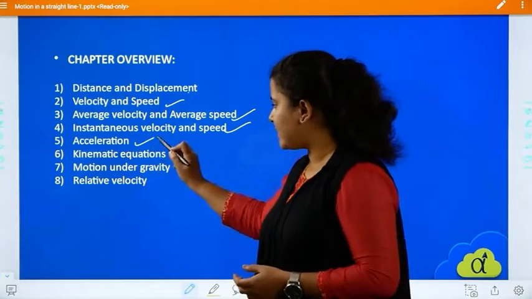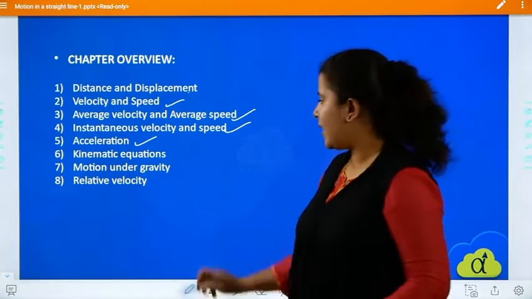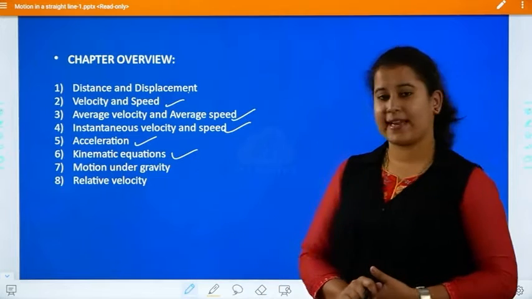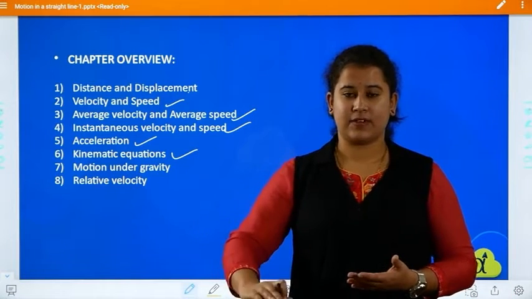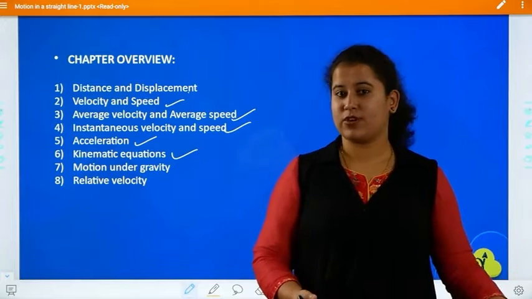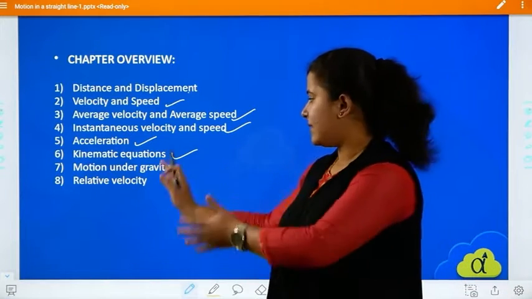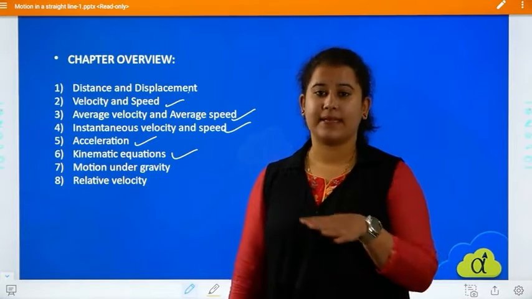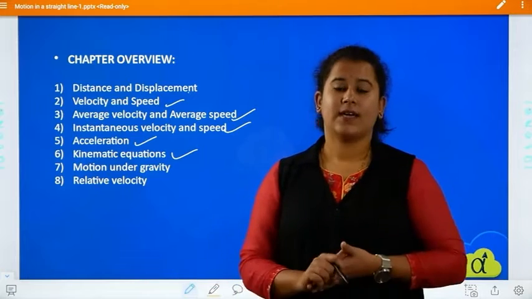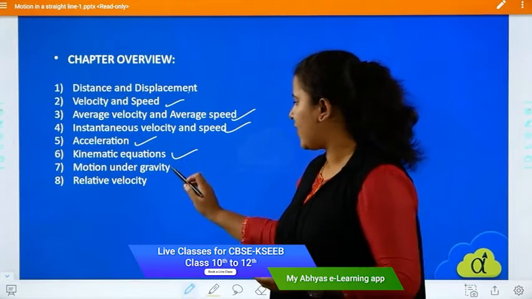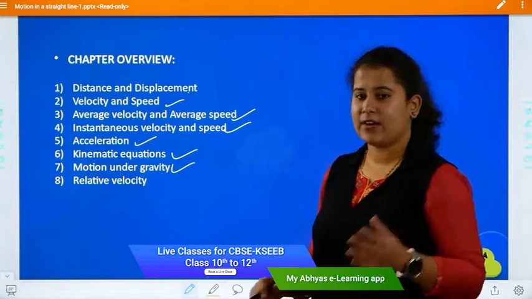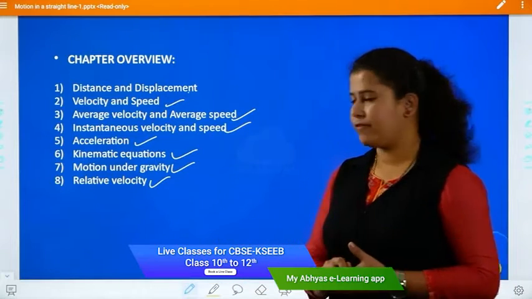Then we have acceleration, which is very important, and kinematic equations. Kinematic equations are very important, like these are the basics. Just as you have Newton's laws of motion, similarly these kinematic equations are the basis for all the chapters you will study in the future. Next, you have motion under gravity, and also relative velocity.